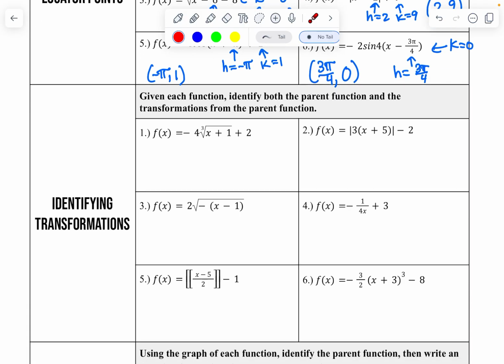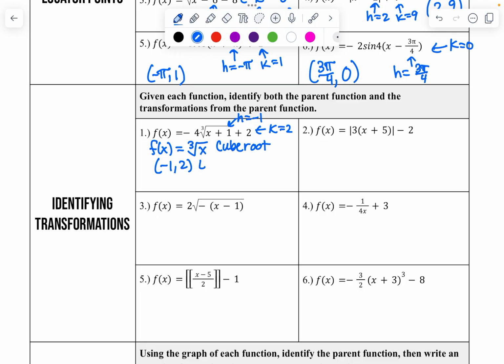All right, so in this next section, given each function, identify both the parent function and the transformations. So number 1, the parent function here is going to be the cube root of x. So h here is negative 1, k is positive 2. So we've got negative 1, positive 2 as our locator point.